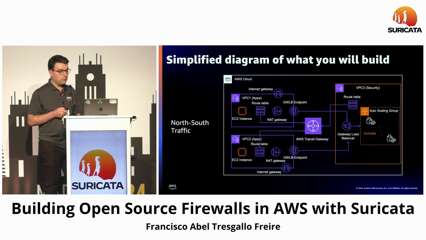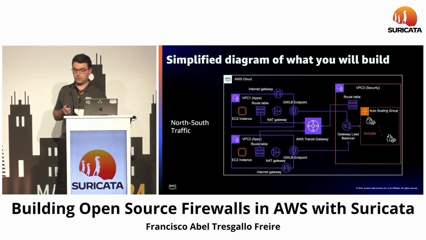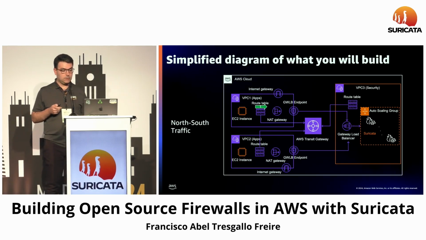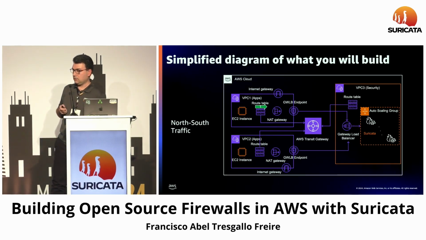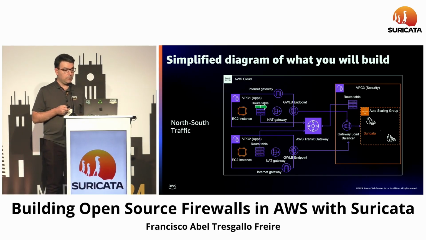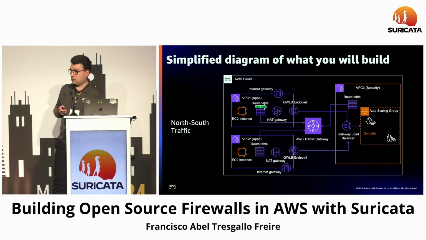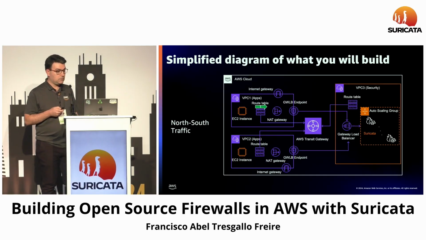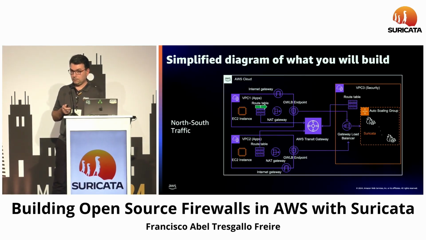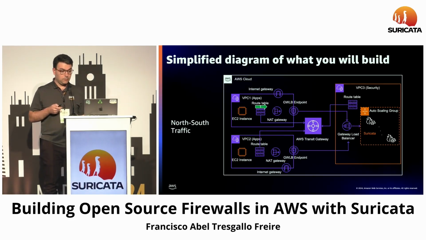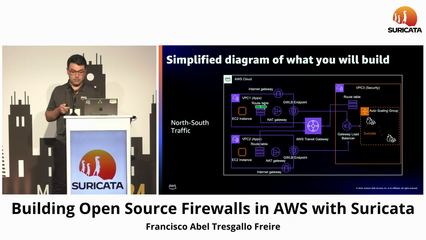So starting with the north-south traffic, let's think about a VPC where there are some EC2 instances that need to communicate with the internet. As you can see following the arrow in the slide, the EC2 instance is following best practices, is located in a private subnet, and is going to send the packet through the local subnet.